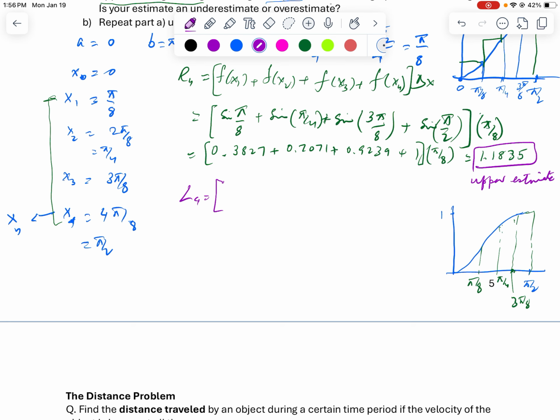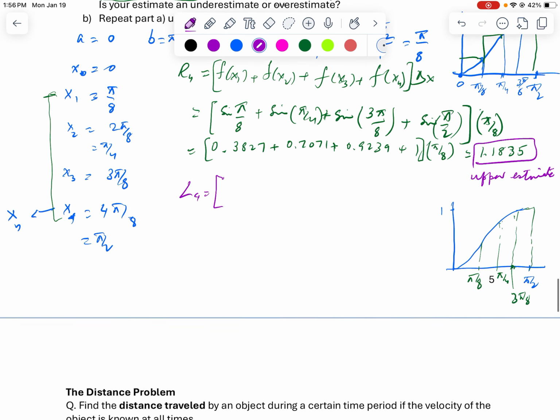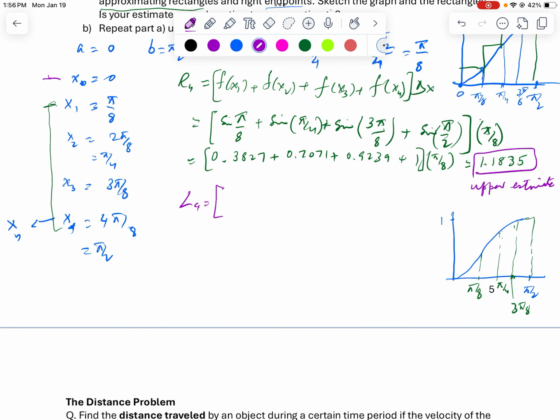So now we will start at x sub 0. We will have sine of 0 plus sine of pi over 8 plus sine of pi over 4 plus sine of 3 pi over 8.